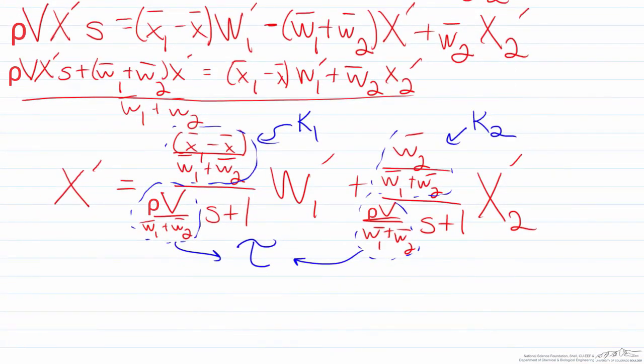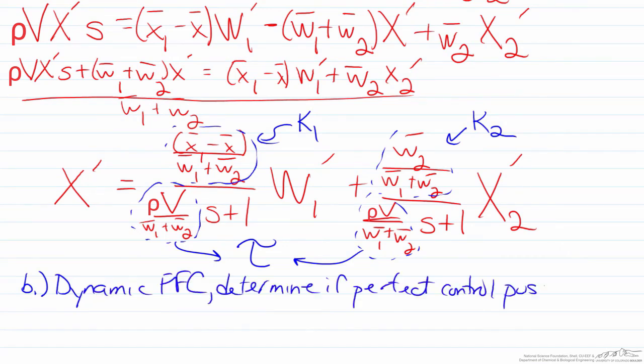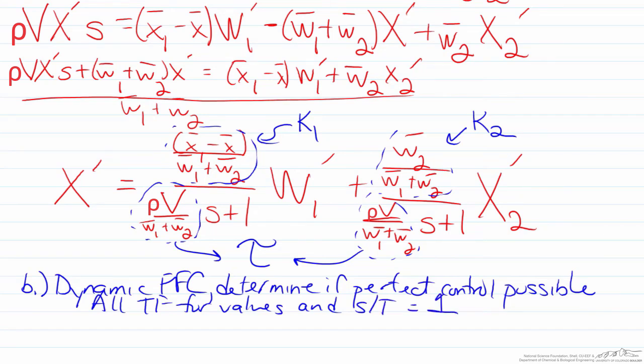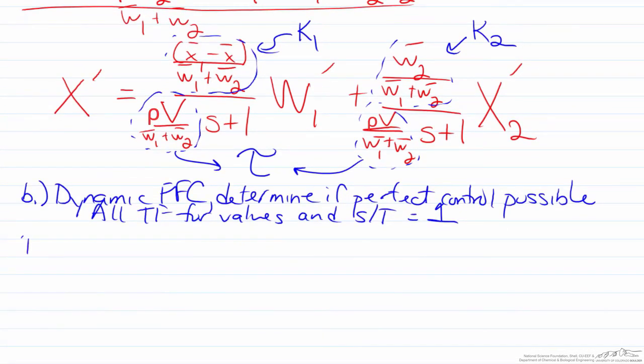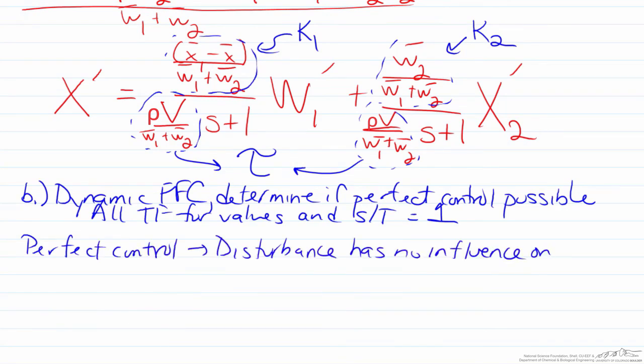So part B was asking us to develop a dynamic feed-forward controller and to determine if perfect control was possible. And it was given that all transfer functions for valves and sensor transmitters equaled 1. So in order to get perfect control, remember that what perfect control represents is a disturbance has no influence on the controlled variable.